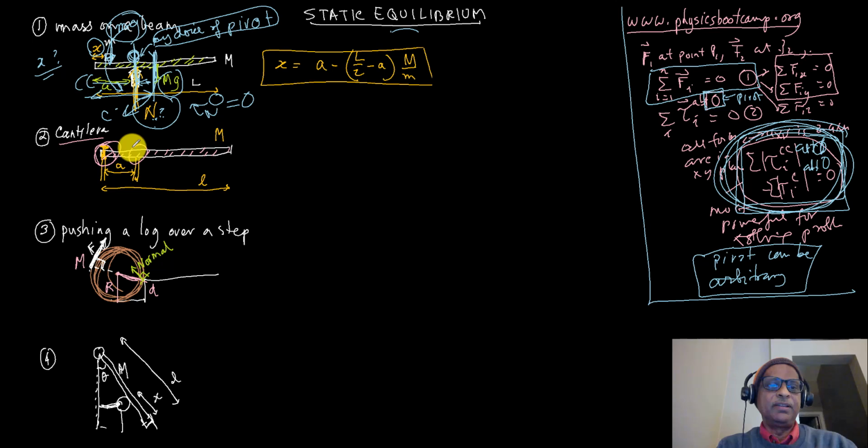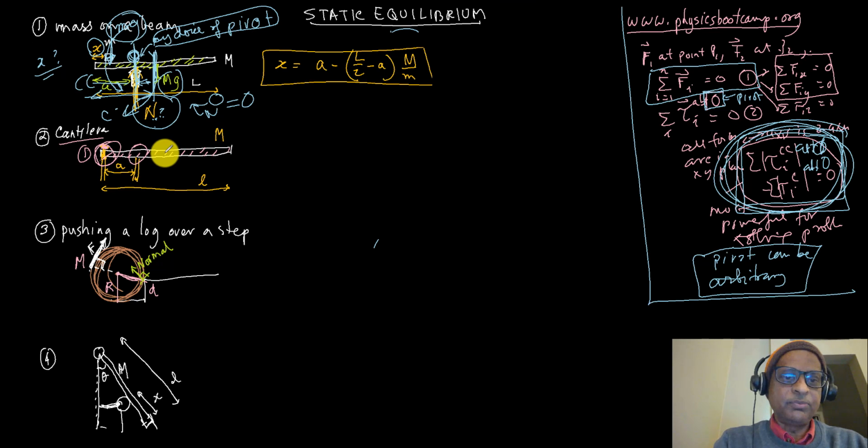Okay, so let me set it up. Say I want to know what's the force that the bolt will be feeling. So this is bolted in here, and there will be some force here. I don't know what the force is. So let's look at the forces that we do know.